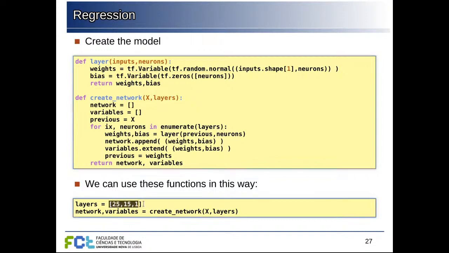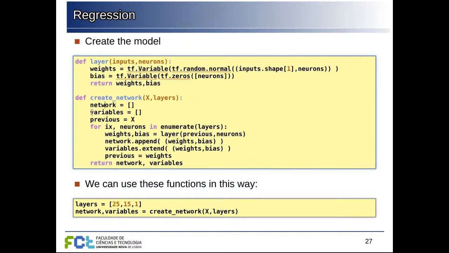So we can use something like this. Let's say it's 25, so 25 will be the number of neurons on the first layer. We create this layer. We append this layer to our network. So our network will be a list of tuples with the weights and bias for each layer.